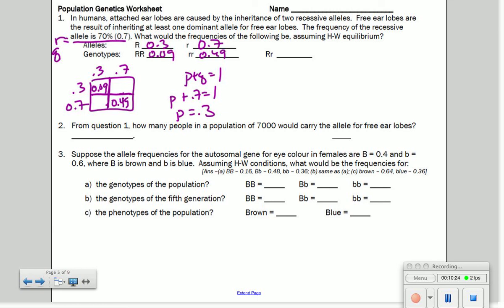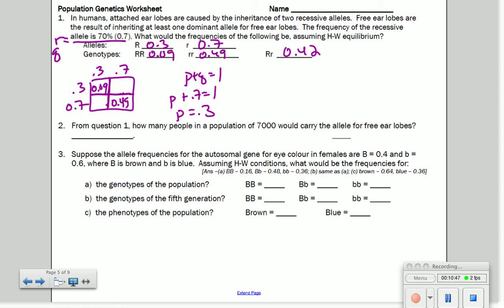And then for big R times little r, 0.3 times 0.7 is 0.21. Take that times 2 is 0.42.